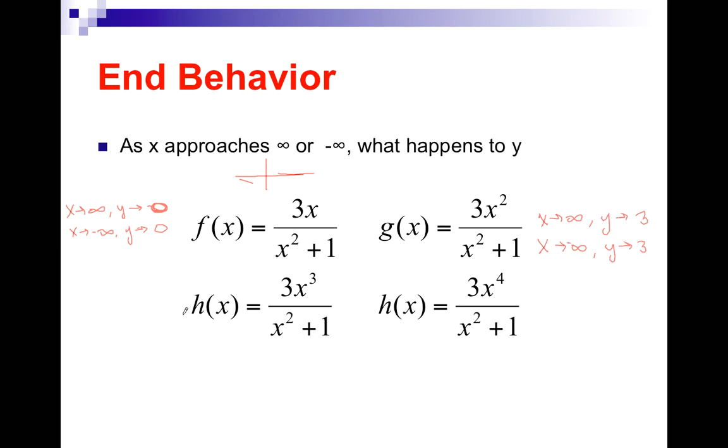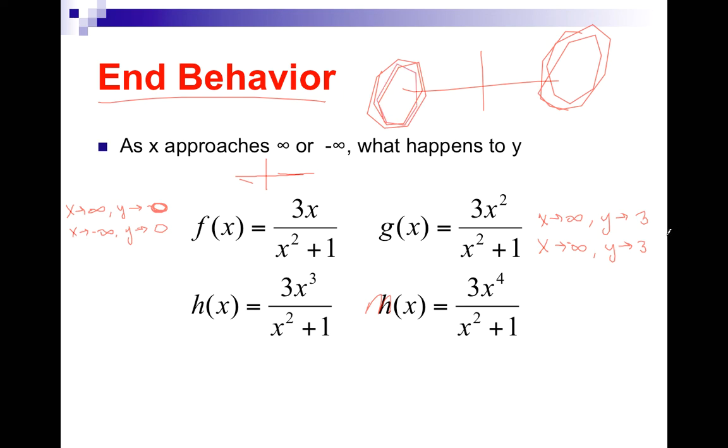Now, here's what's interesting on h of x and m of x. I don't have any horizontal asymptotes, but I still have end behavior because it's talking about what happens on the right-hand side and the left-hand side of my graph. Here's what we can do.